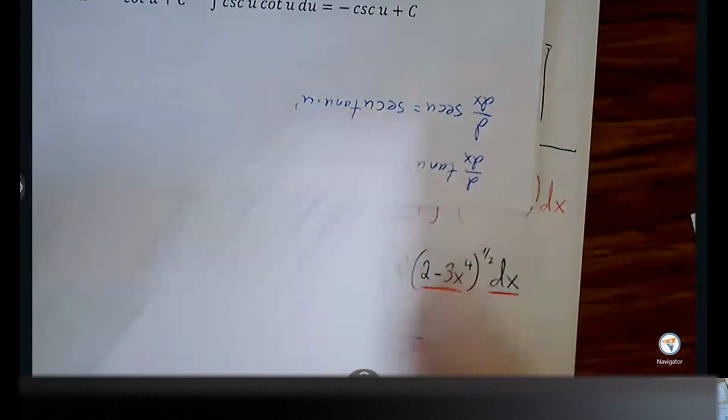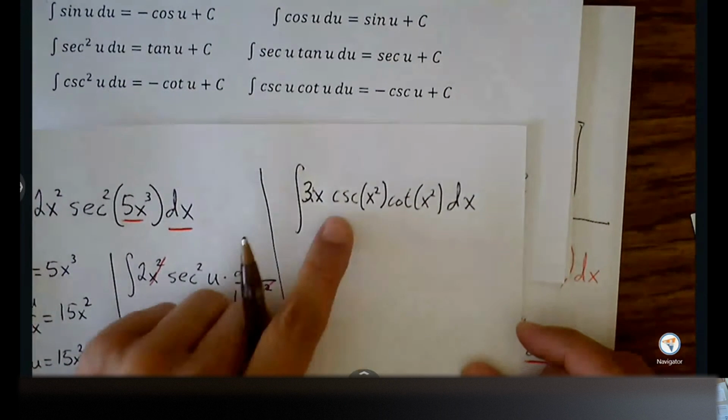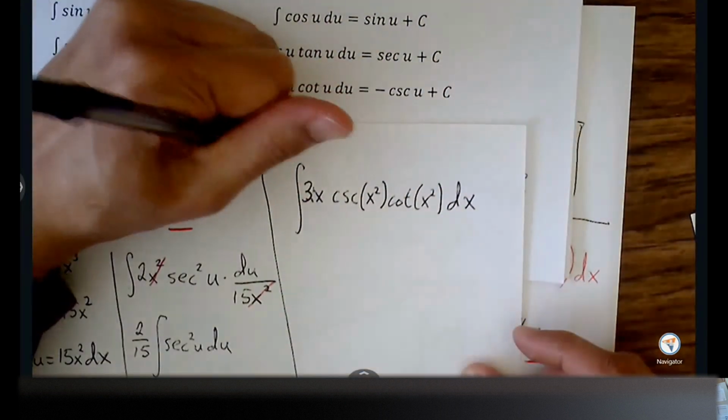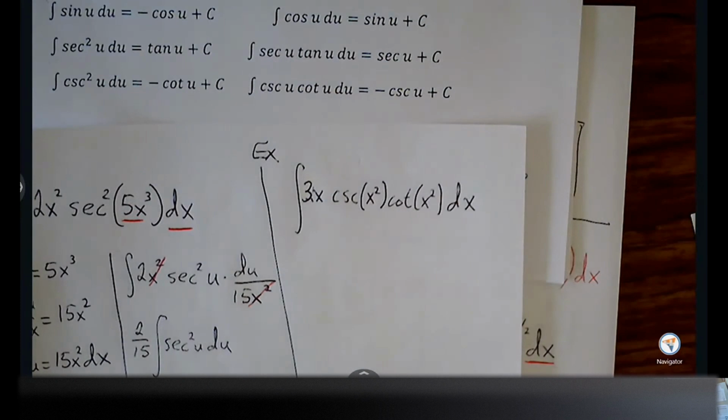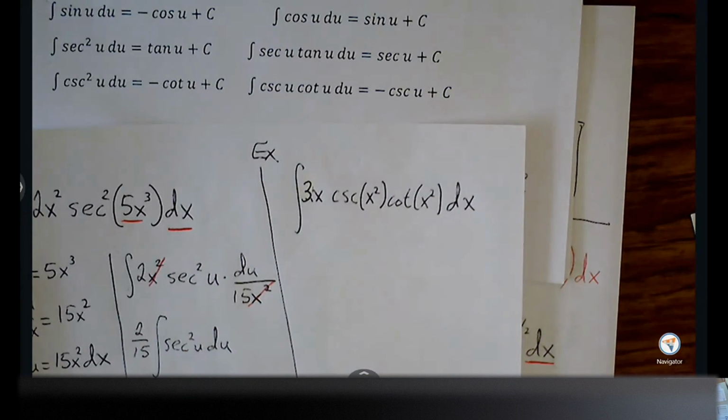All right, how about this one here? 3x cosecant x squared, cotangent x squared dx. Does it look like a rule that we can use? Yeah. So what do you think our u value is going to be?